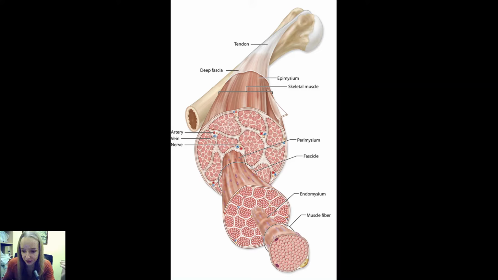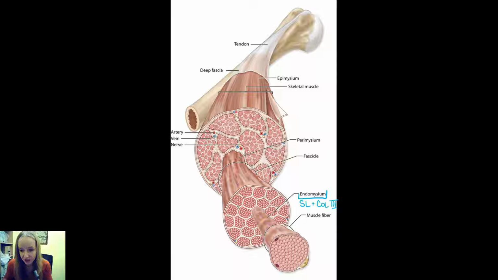So there is this superficial lamina around with reticular fibers, and the superficial lamina with reticular fibers is creating something called endomysium. So superficial lamina plus collagen type 3. These are the reticular fibers, really, collagen type 3. It's creating endomysium. So each muscle fiber is covered with endomysium.